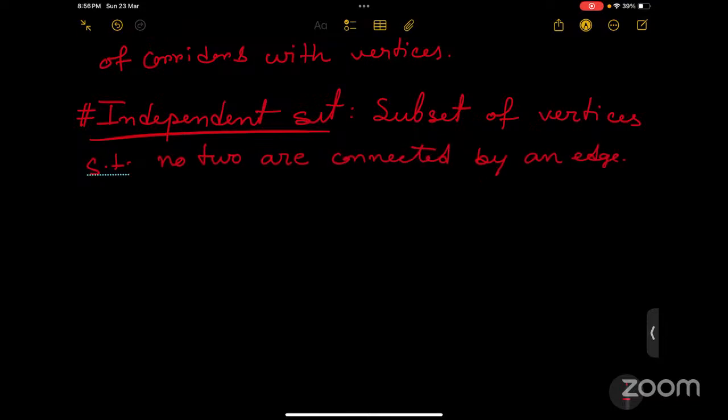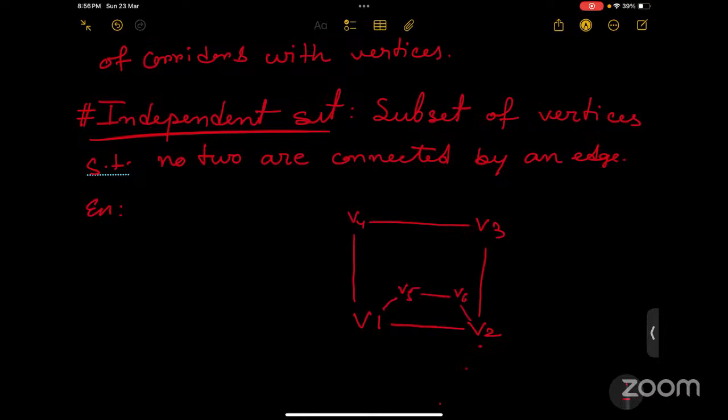So it can be a singleton, right? Let us see an example. Suppose we have vertices v1, v2, v3, v4, v5, v6, v7, and suppose this is our graph.